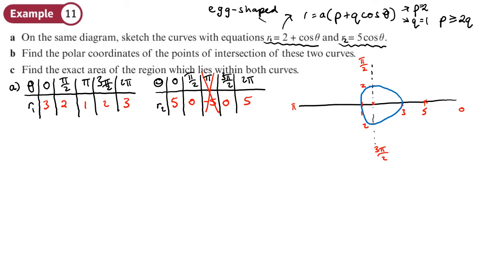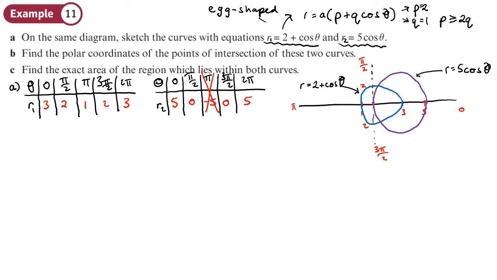So this is going to be going around like this, it's going to be a circle. Yeah, so that's my two sketches there. So this is the r equals 2 plus cos theta, and this one is the r equals 5 cos theta.